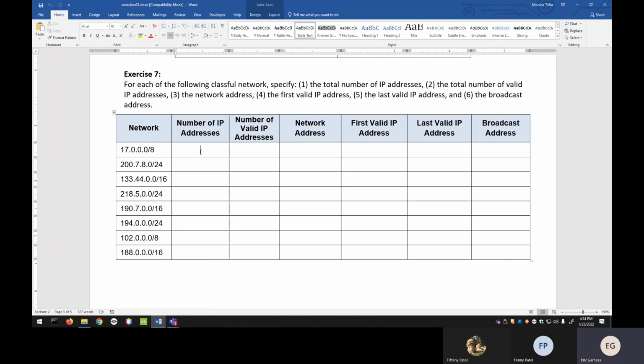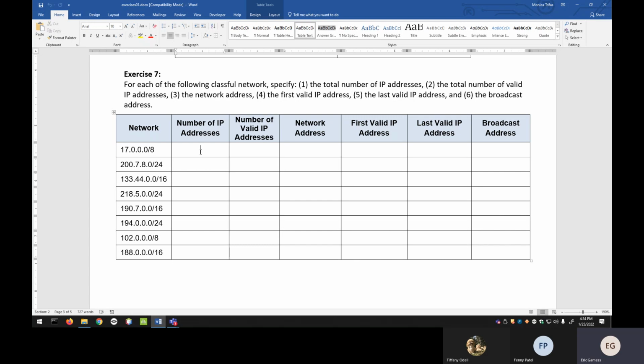So to answer this question, what do I need to know first? The number of bits that belong to the host part. For each bit that belongs to the host part, we have two possibilities. So 2 times 2 times 2 times 2 will give you 2 to the power of the number of bits that we have for the host part.